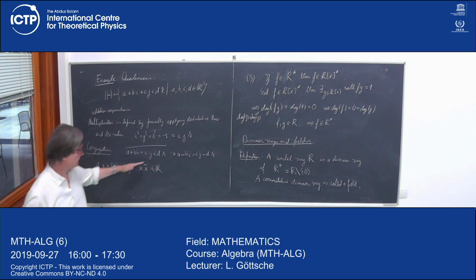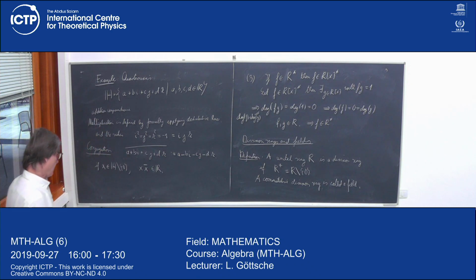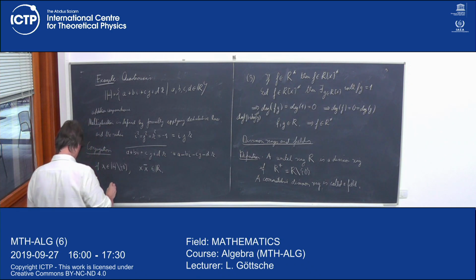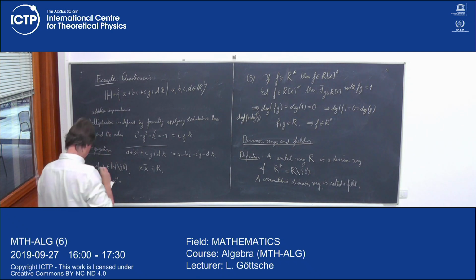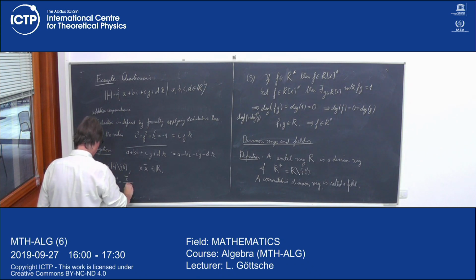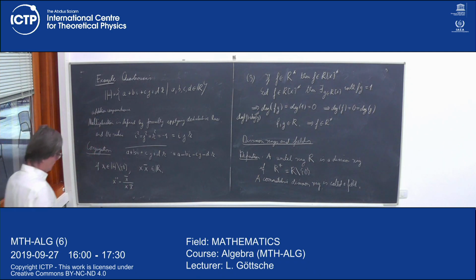You just multiply this out, you see that no ijk survives. And you can define the inverse. The inverse with respect to this multiplication you can easily check is just the conjugate of x divided by x times the conjugate. And this makes this into a division ring.